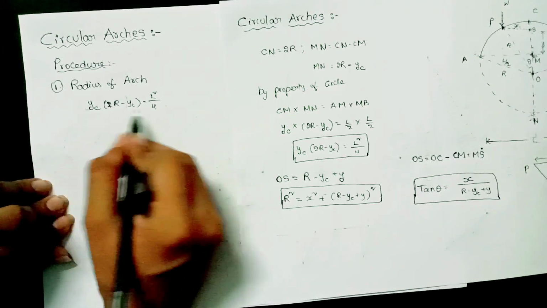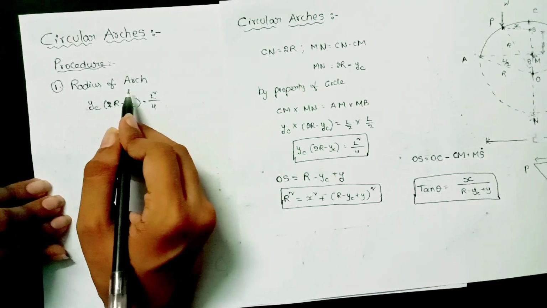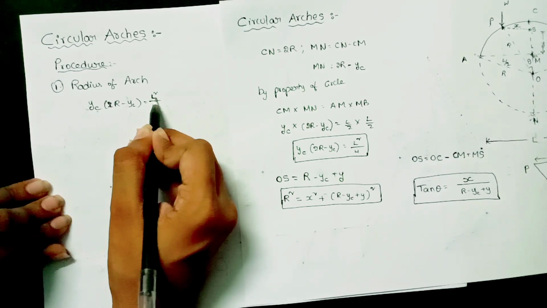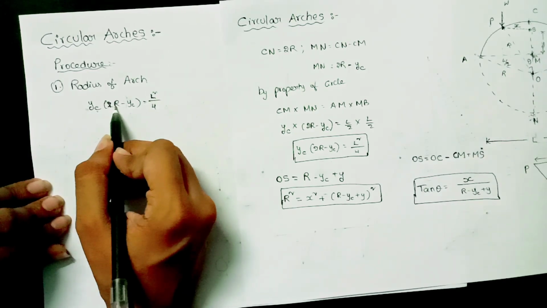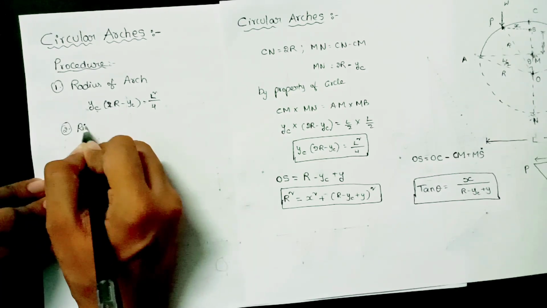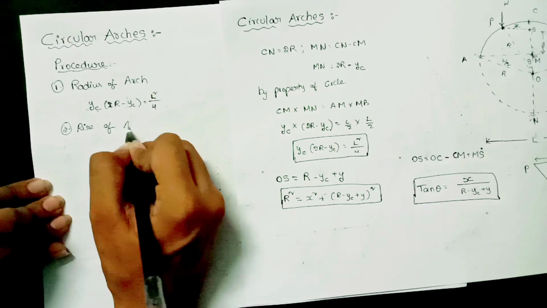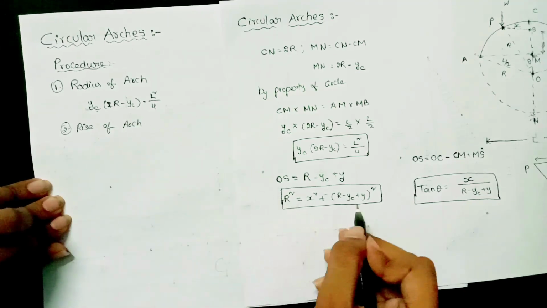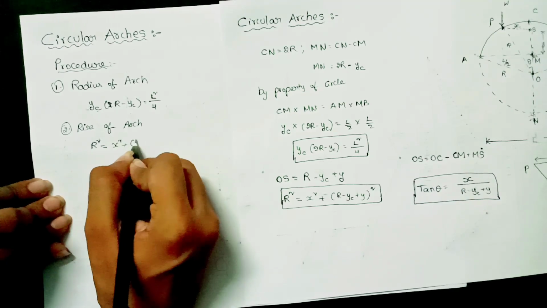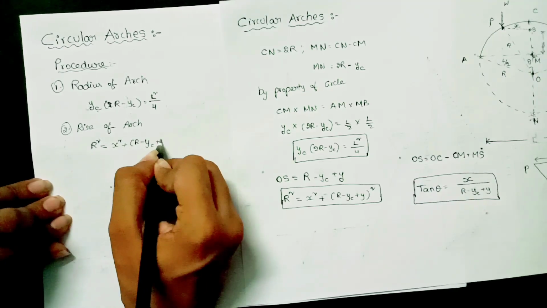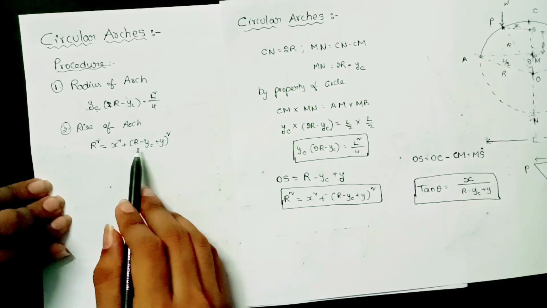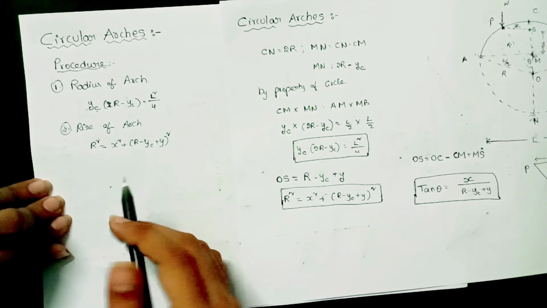Central rise YC and span of the arch L are given in the question, so we can calculate the radius R. The next step is to calculate the rise of the arch at various points. This is the formula which we use: R square equals X square plus R minus YC plus Y whole square.